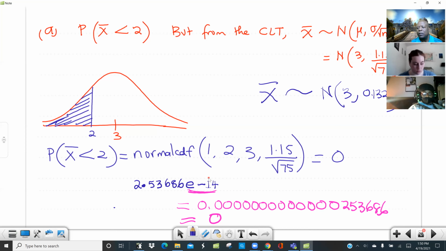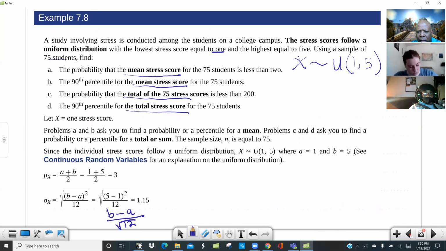What does this mean? Let me go back to the problem and put this in context. It says the stress score. In other words, if you pick groups of 75 people, yes, I know that each individual stress score lies uniformly between 1 and 5, right?